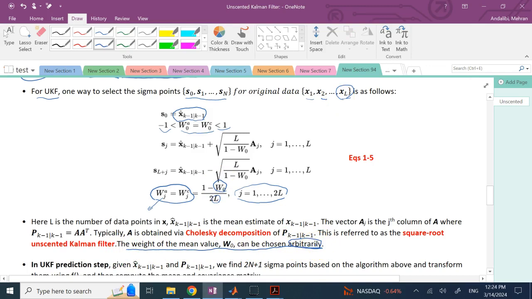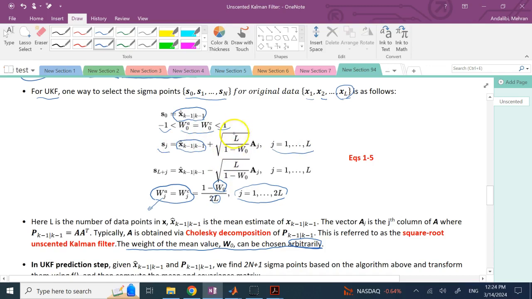So this is like a parameter that you can pick. Then what? Then Sj, where j goes from 1 to L, so here are the first set, right? This S from j of 1 to L is equal to that previous mean plus what?